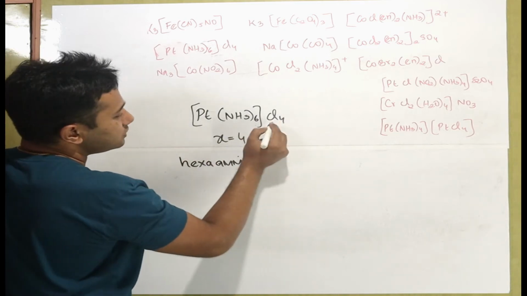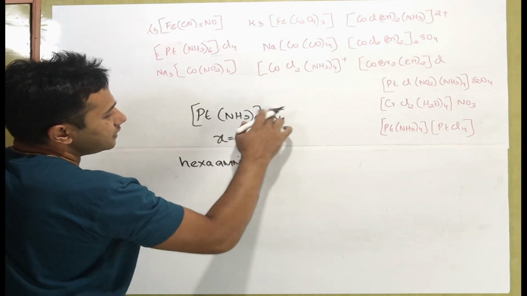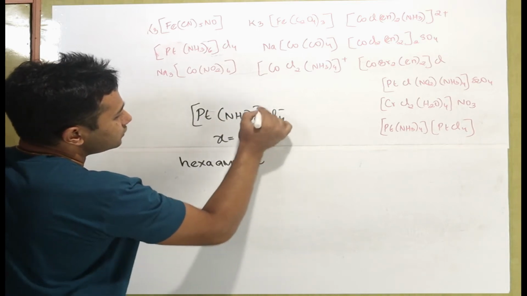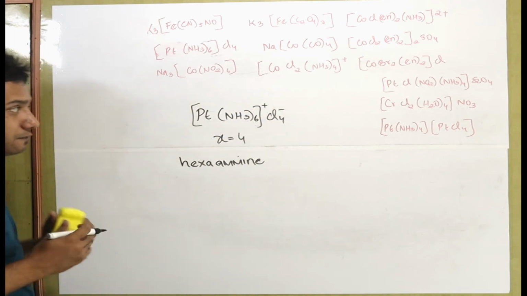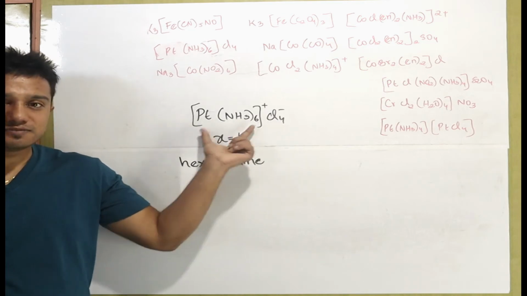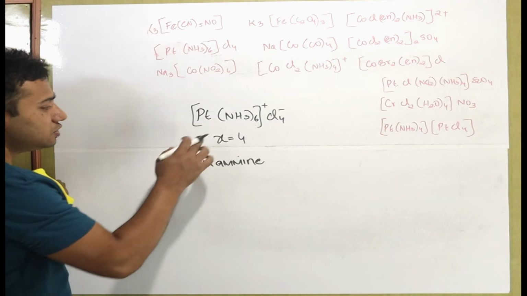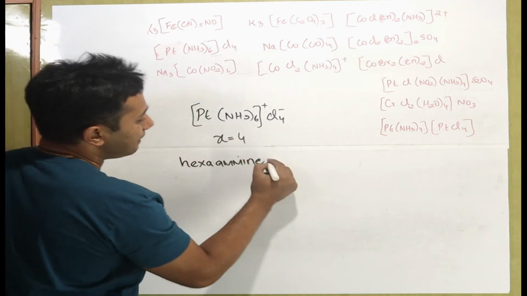So charge of chlorine is -1. So this is minus. If the chlorine is minus, the coordination pair will be positive, right? So we have hexaamine platinum.